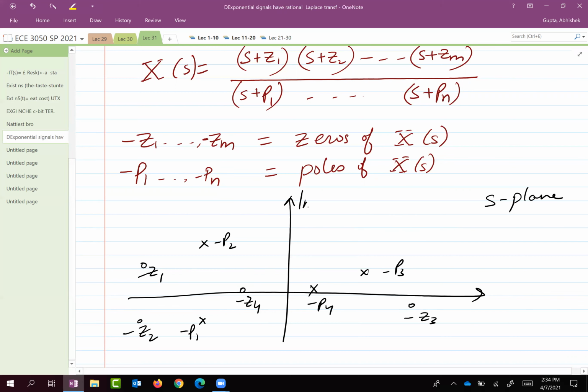I have to write this is the imaginary axis and this is the real axis of the complex plane. And this S plane is essentially just a complex plane.